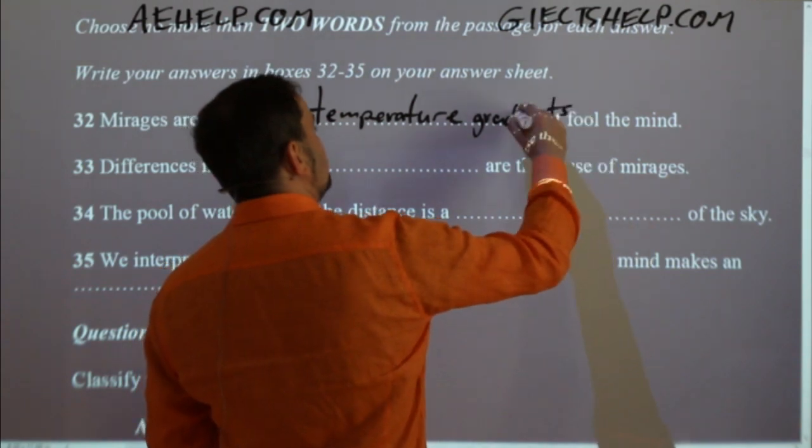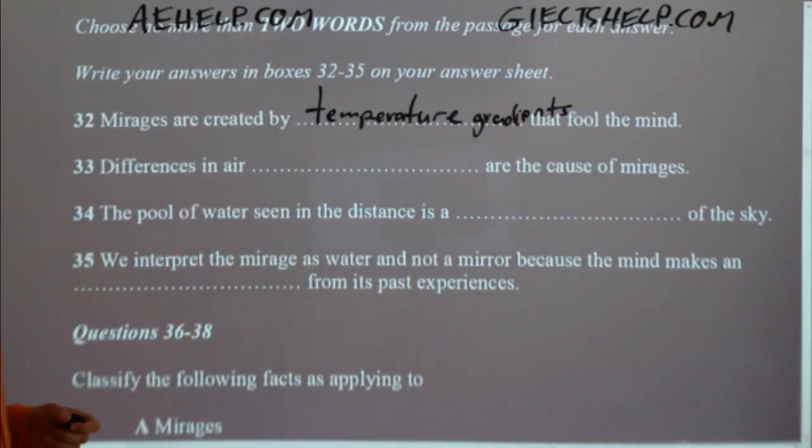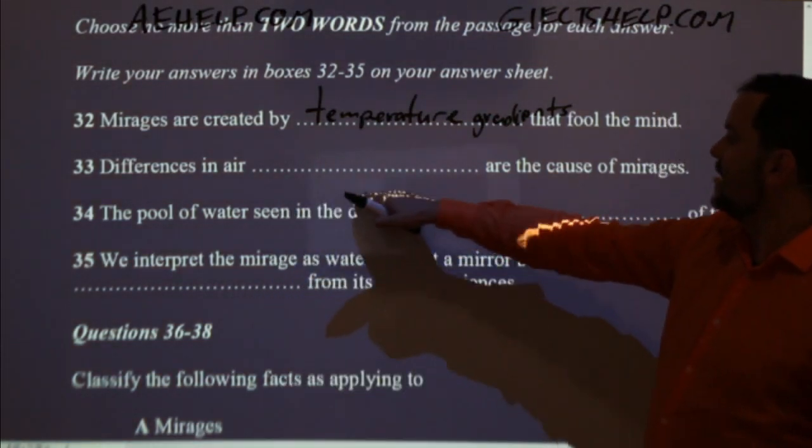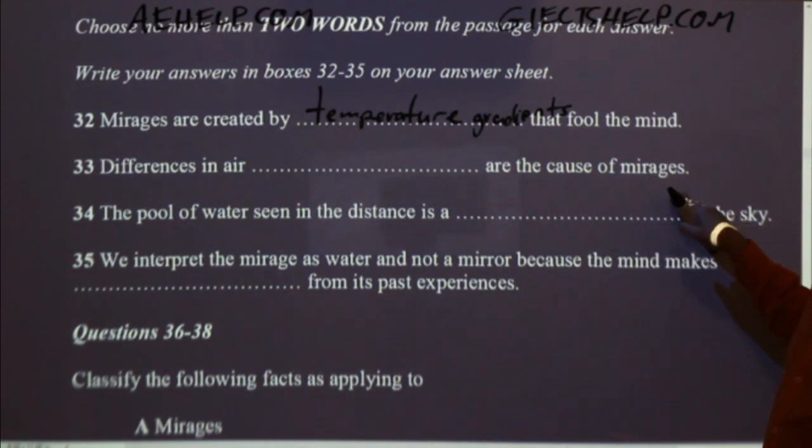Now again, if you're skimming and scanning for this, it can take you a lot of time, so it's better if you can answer most of these without having to skim or scan for the right answer. All right, let's look at the next one. Differences in air are the causes of mirages.